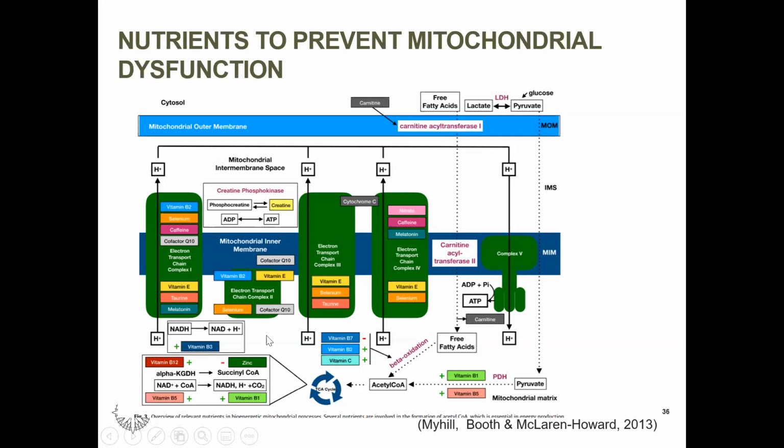Then look at the second complex, very small here. Nutrients that are needed are Q10, vitamin E, selenium, B2. Further, complex 3 has a few other nutrients, and so it's a very good summary.